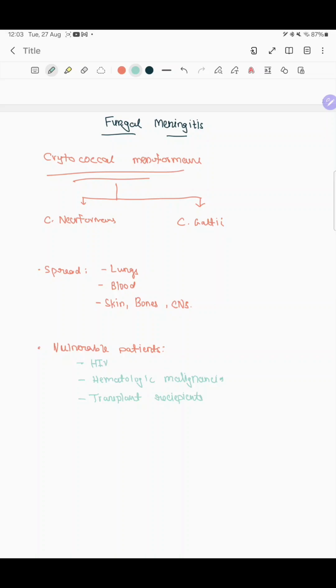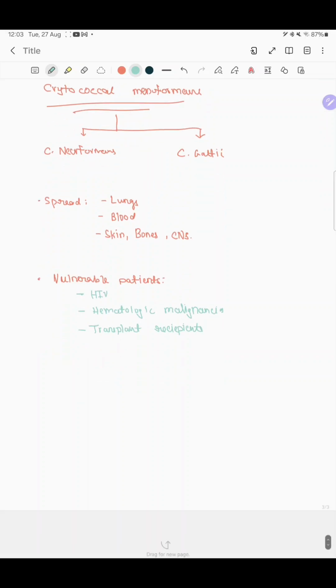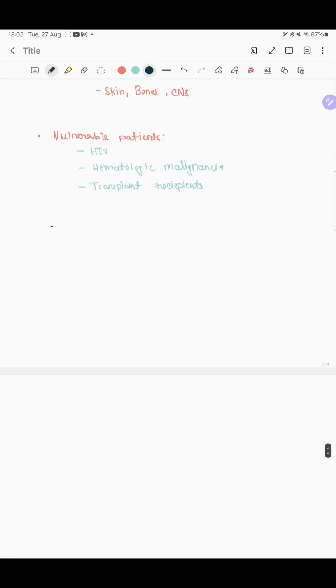The clinical manifestations are pulmonary cryptococcosis, which is the first and the most common presentation. What are the clinical manifestations? Headache, fever, sensory and memory loss, cranial nerve paralysis.